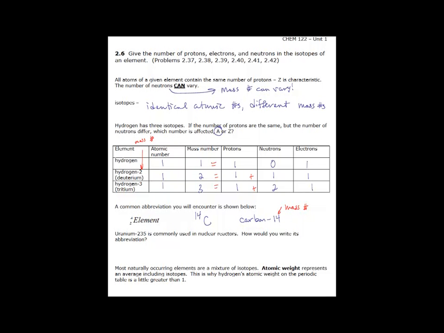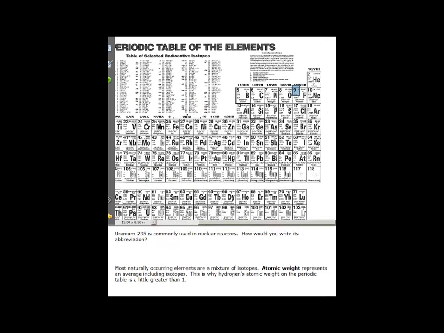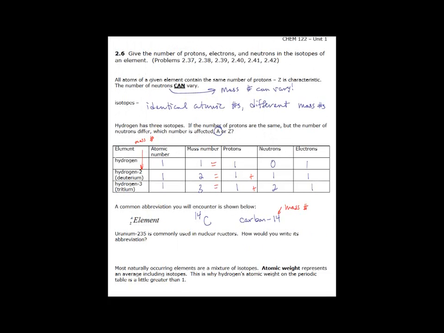The atomic number for carbon, if you look at your periodic table, is that number in blue. So carbon is 6. This is an abbreviation that you'll come across in Chapter 3, where we discuss radioactivity.